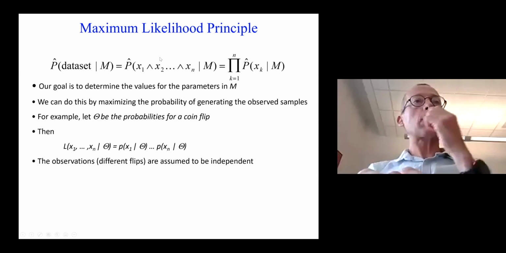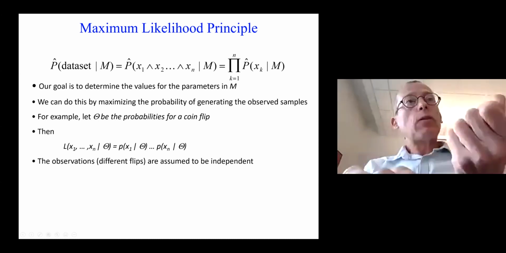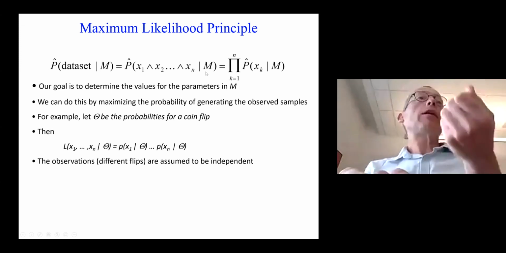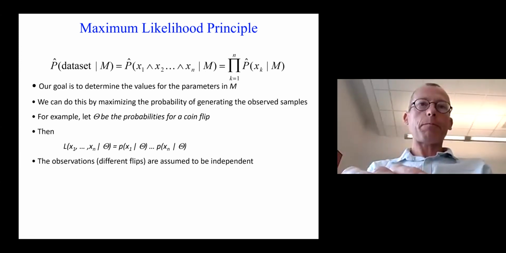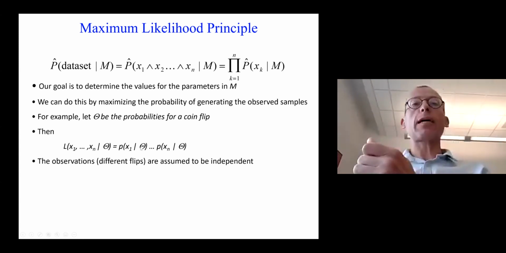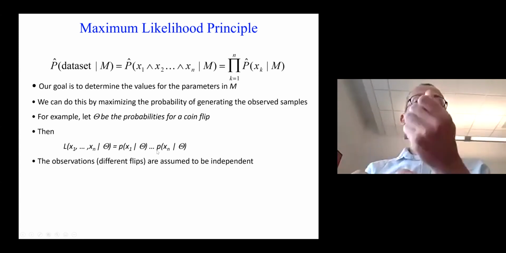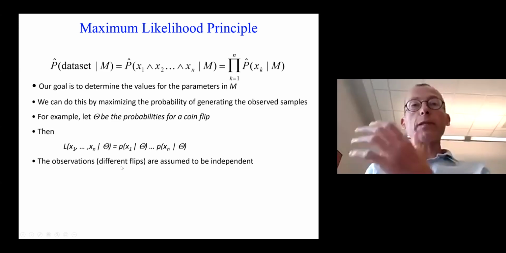Okay, so once we define the likelihood as a function of the model, our goal is to find the value for the model that leads to the maximum. So in our case, for example, the theta or the M is the probability of a coin flip, right? So this is just the product of the probability of the first observation times the probability of the second and so forth, and we assume that the coin flips are independent.